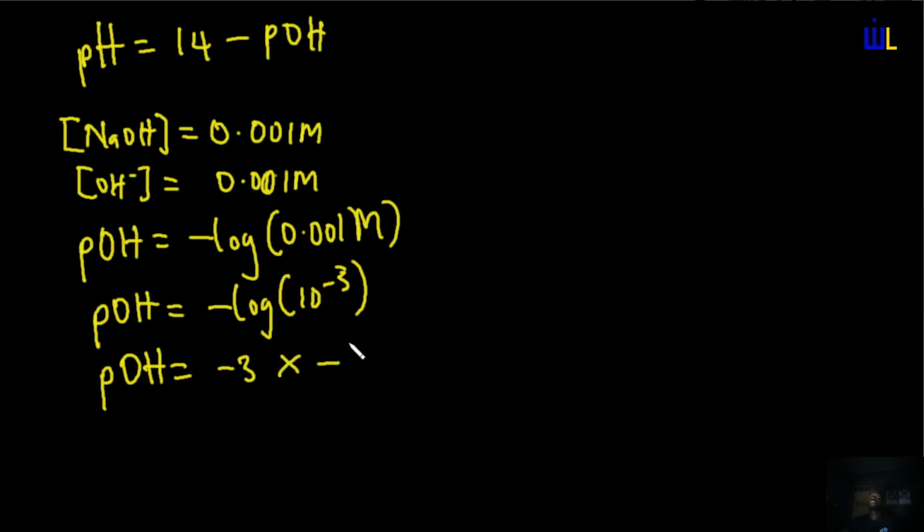Now, minus 3 will now be minus 3 times the log. What log do we have? Negative log 10. And because we have negative log 10, what are we going to do? Quite simple. We already know that log 10 is 1, so this is going to be minus 3 times negative log 10 is 1.